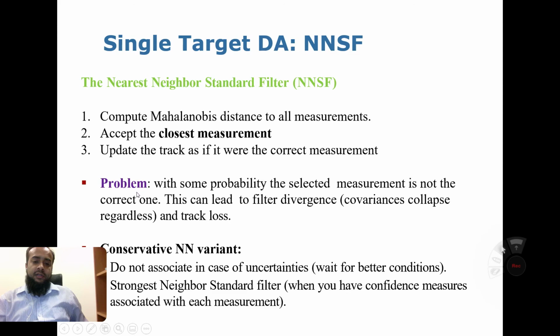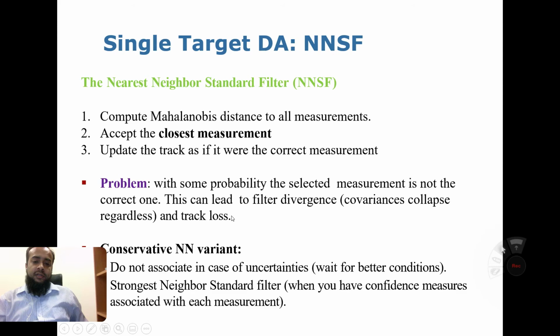Here the problem is that with some probability the selected measurement is not the correct one. Because the detection probability is low, the selected measurement may not be the correct one, or maybe it is correct, we don't know. This can lead to filter divergence or covariance collapse, regardless of track loss.